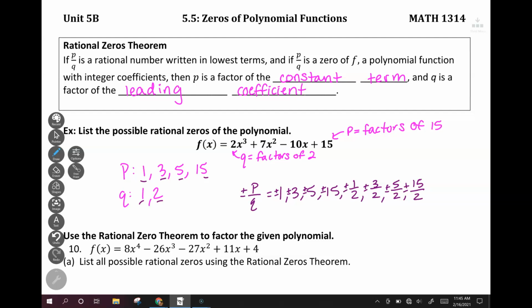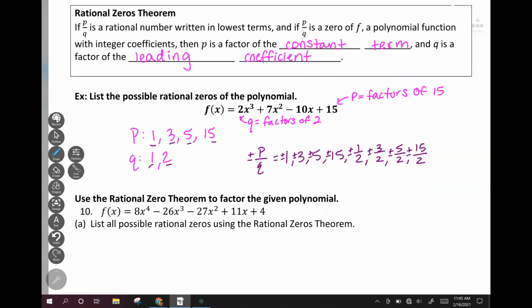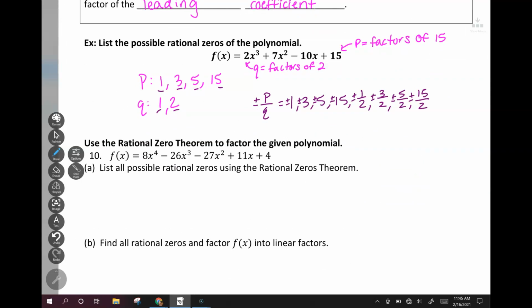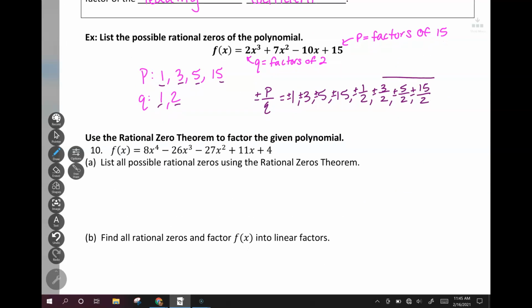Now that might seem like a really long list of potential zeros, but just think, before you had done this, there were infinitely many potential zeros. Now you have it narrowed down to 16 potential zeros. And actually any rational zero of f of x is contained in this list. Okay, so these are all potential rational zeros.